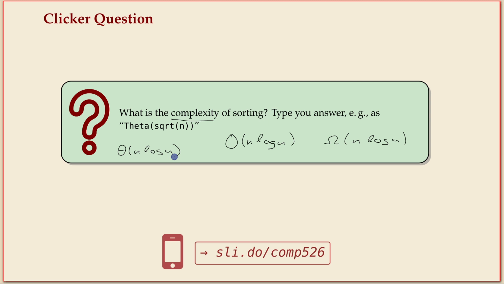What this statement means is there's a lower bound of omega n log n, or impossibility result, you can't do better. And there's an algorithm that achieves this.